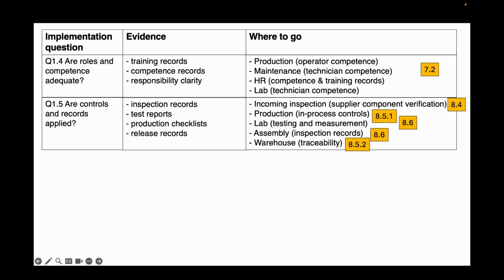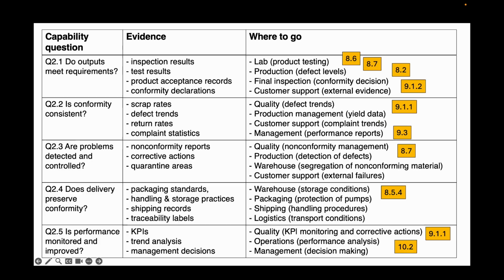Now let's see the capability questions. Here I do the same. For those performance and capability questions, if I want to know whether output meets requirements, whether non-conformities are controlled, whether delivery preserves conformity, and whether performance is monitored and improved, then I need to connect those evidence needs with the relevant clauses.